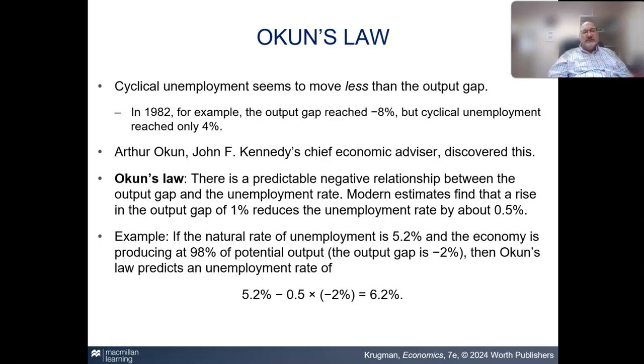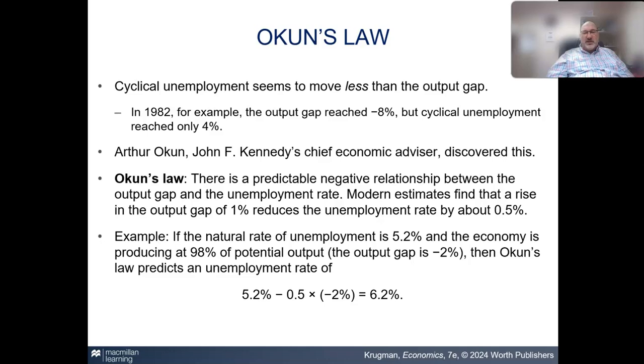All right. Okun's Law. Yay. Cyclical unemployment seems to move less than the output gap. In '82, the output gap reached negative 8%, but cyclical unemployment reached only 4%. Arthur Okun, JFK's chief economic advisor, discovered that idea. Okun's law says there's a predictable negative relationship between the output gap and the unemployment rate.